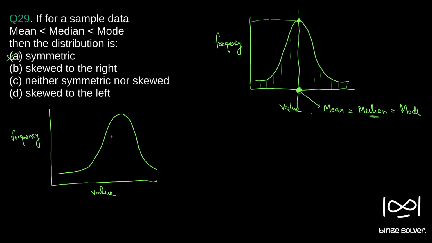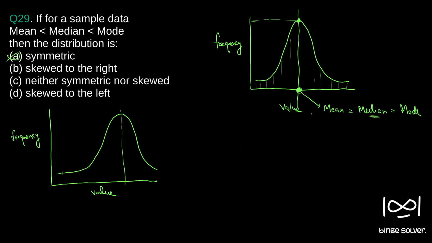So this is not symmetric. So it is a skewed graph. In such graphs, there is a name. This is the tail part, right? This is the tail part, and this is the tapered side, which is falling sharply, and this is falling smoothly and elongated. And this is the tail part.